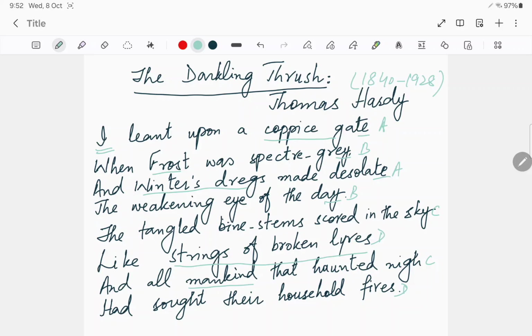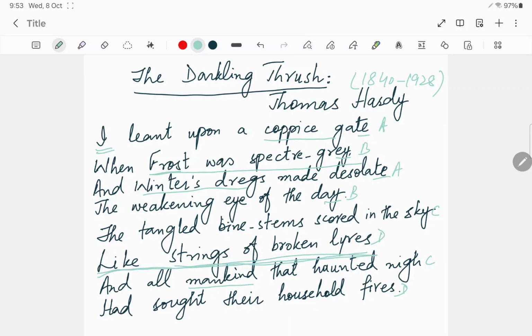So, and then in fact there is a case of personification, as we see in when frost was spectre grey. So frost has been given human-like qualities. And then there is a simile as well, when he says like strings of broken lyres.